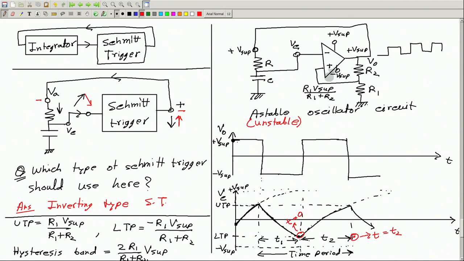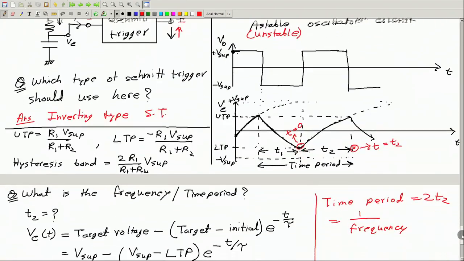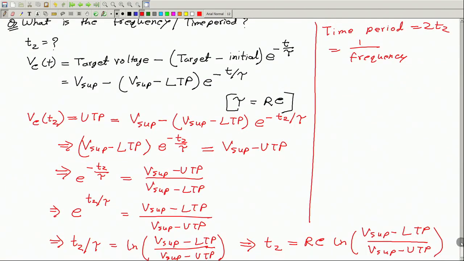This is like a circuit which cannot decide and get to a fixed value. So it keeps oscillating, it's unstable. It cannot make up its mind which value it should take. It's a madman.